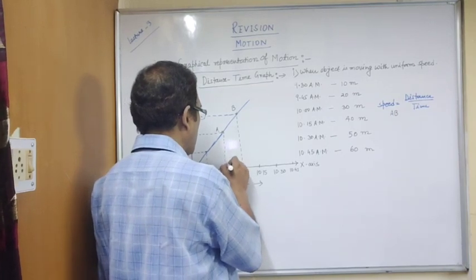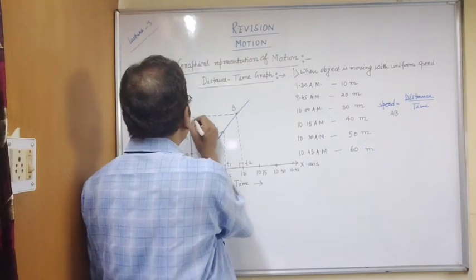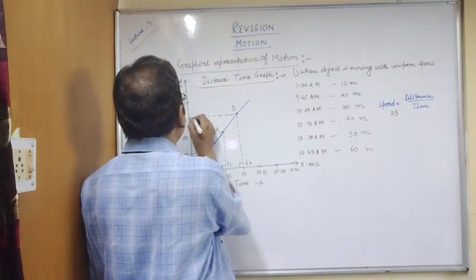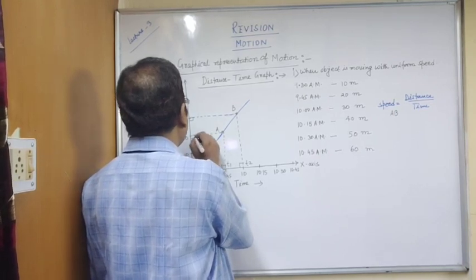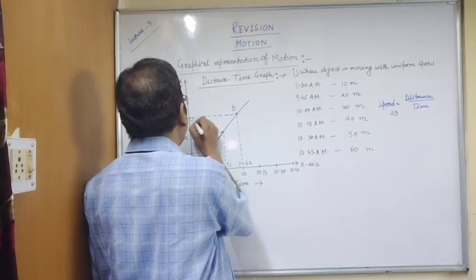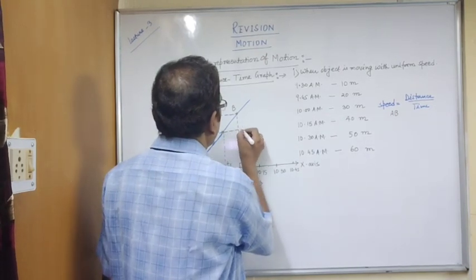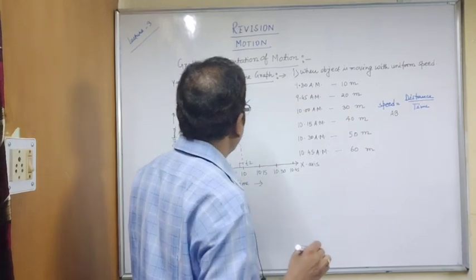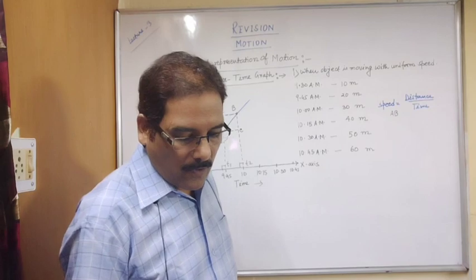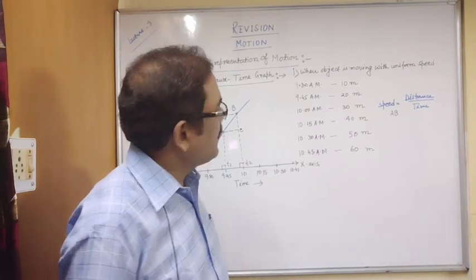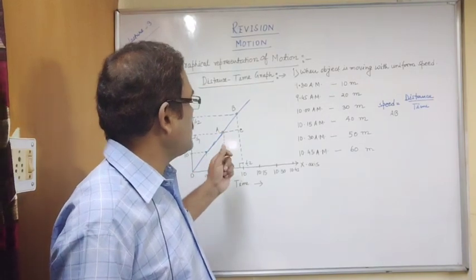You can mark it as T1 and T2, and you have to draw perpendiculars on the y-axis also. You can mark these distances as S1 and S2, isn't it? So if you have to calculate speed from A to B, then speed will be how much?